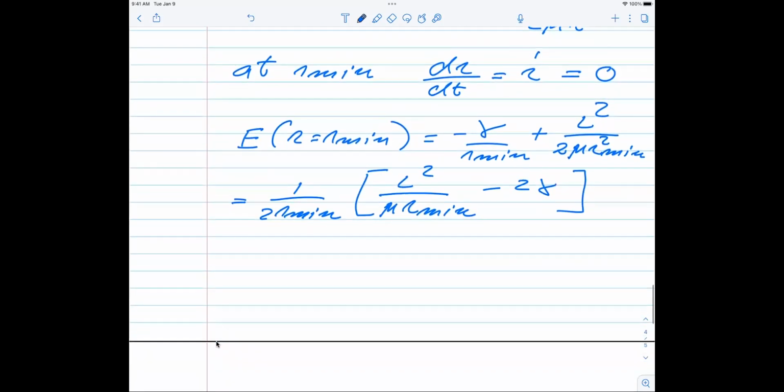And now I'm going to plug in r min. So r min is given by C divided by 1 plus epsilon, which is nothing but L squared divided by gamma times mu multiplied by 1 plus epsilon.